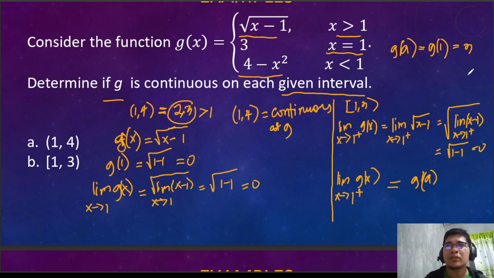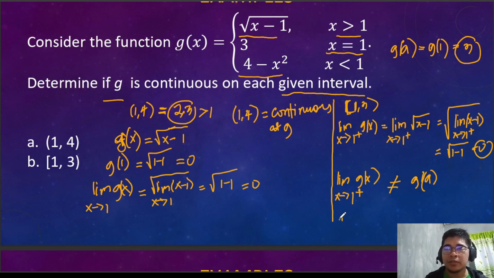Take note, our g of a is 3, the value at 1, since we have this closed. And then our limit of g of x as x approaches 1 from the right is 0. So they are not equal. Therefore, this is not continuous. Okay?